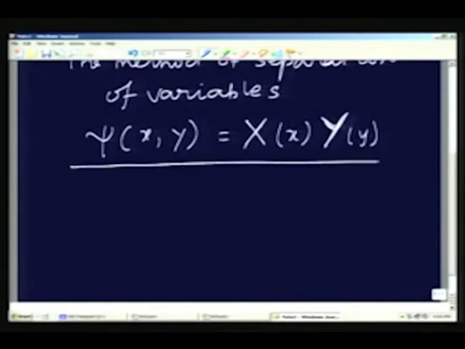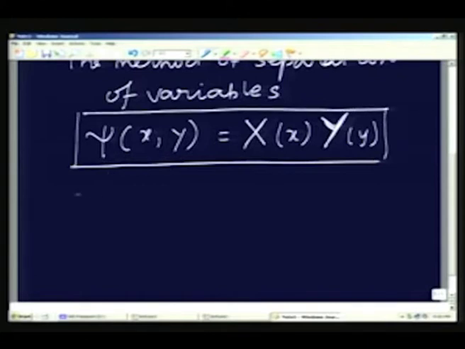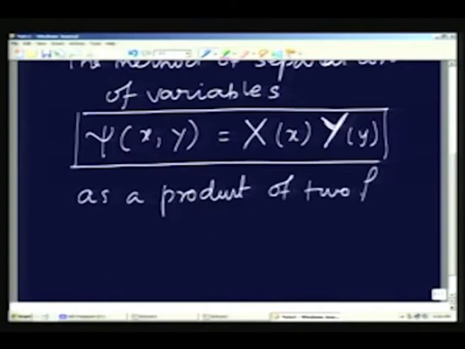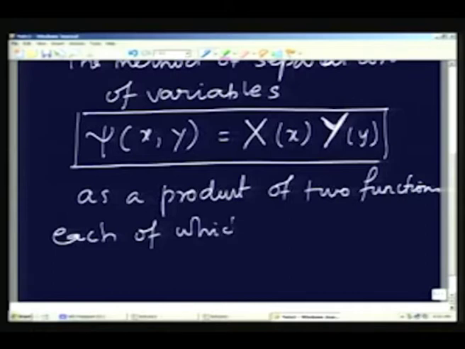What is the role of this? The wave function is expressed as a product of two functions, each of which is a function of only one variable.